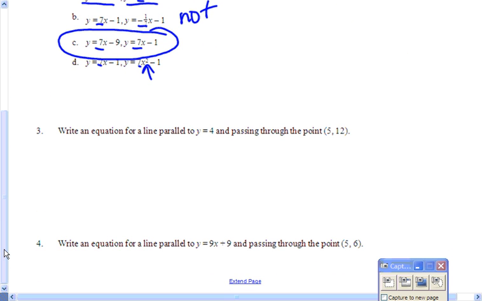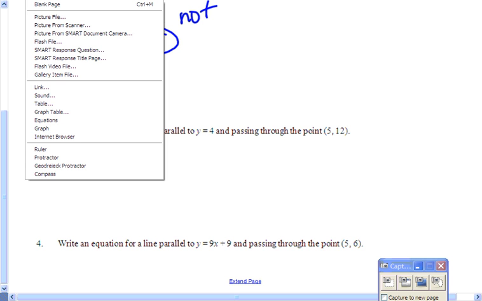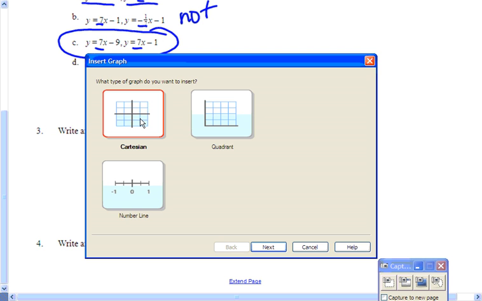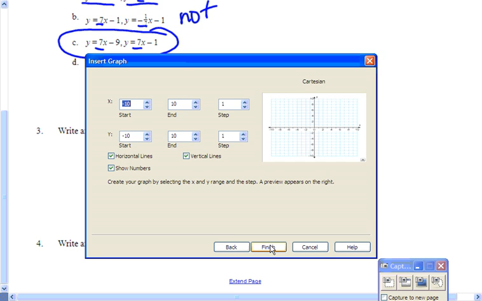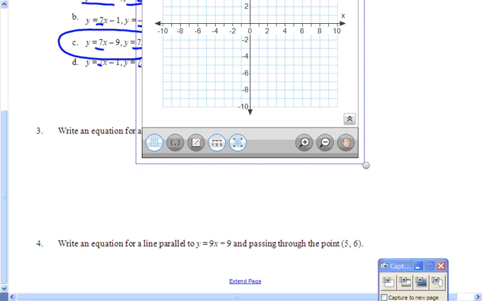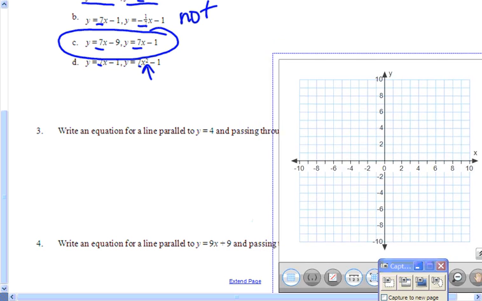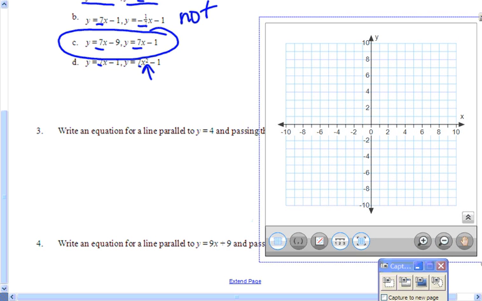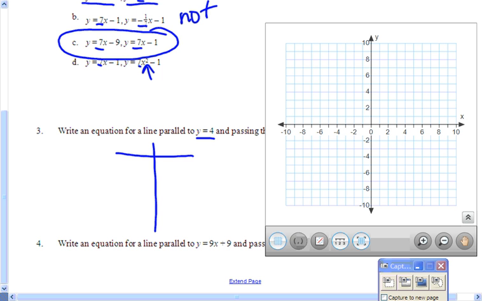All right, number 3 says write an equation for a line parallel to y equals 4 that passes through the point 5, 12. I'm going to just put a graph in here real quick so we can see what that line looks like. So we want a line parallel to y equals 4. Well, y equals 4 is any point where the y value is 4.